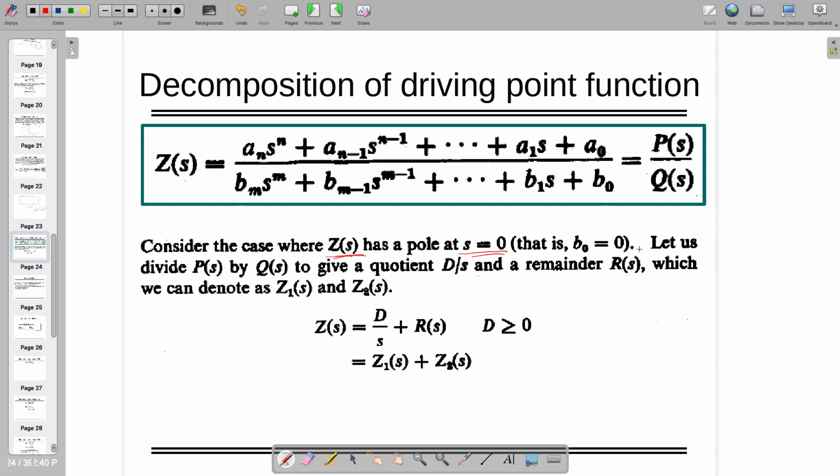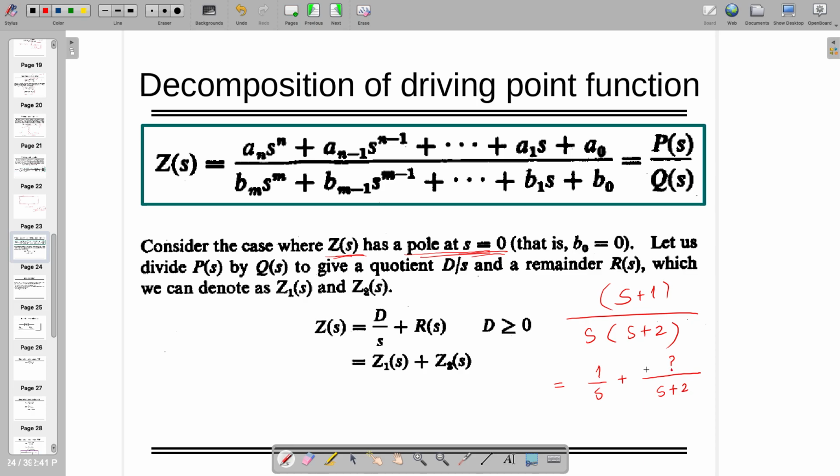So such a system you can directly, so let's make some system. If this is the case, means you have a pole at origin, then you can rewrite this equation as 1 by s plus, and you have to find out this one.